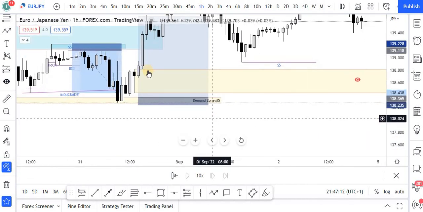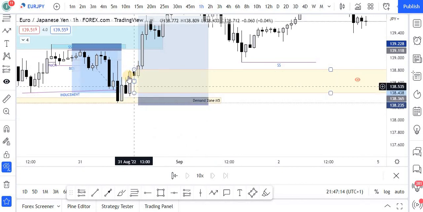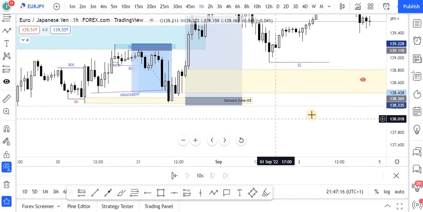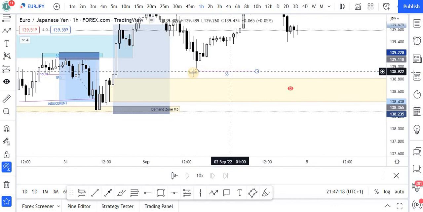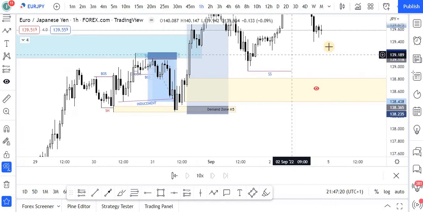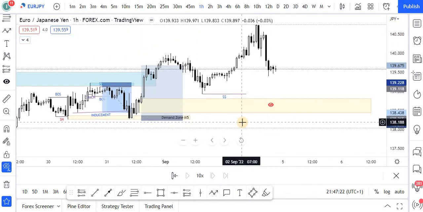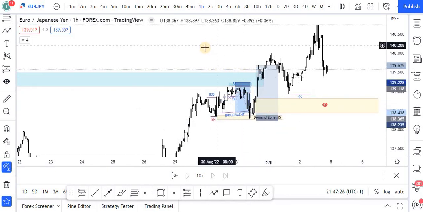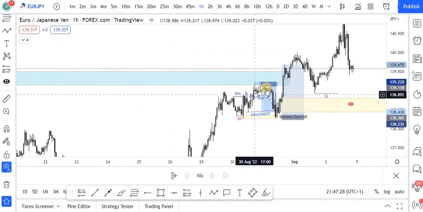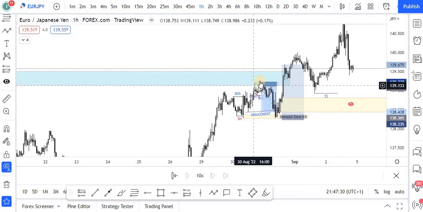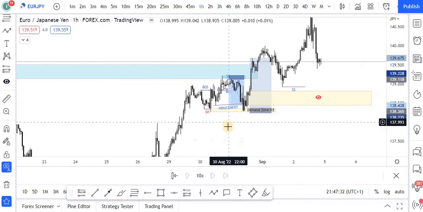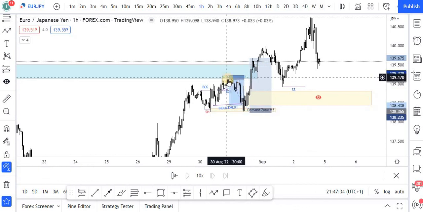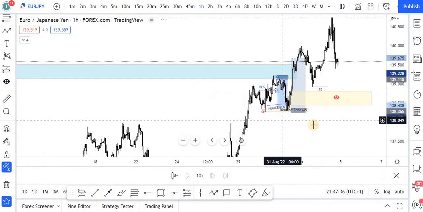This particular OB I've selected in the 1 hour has never been mitigated, and this could just be an inducement to this point of interest. So that's the reason why I think this OB actually paid. But nevertheless, if you have looked very deeply or closely, you could have also taken some nice trade here.